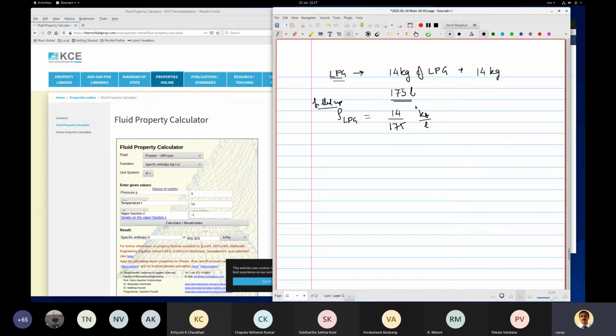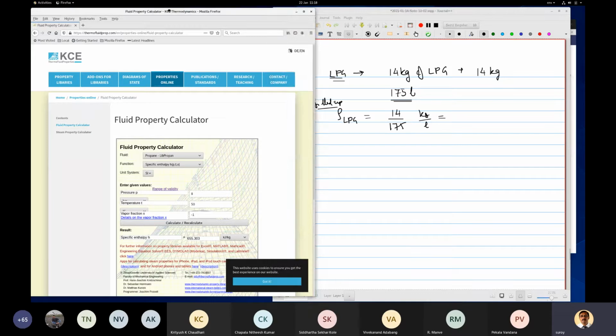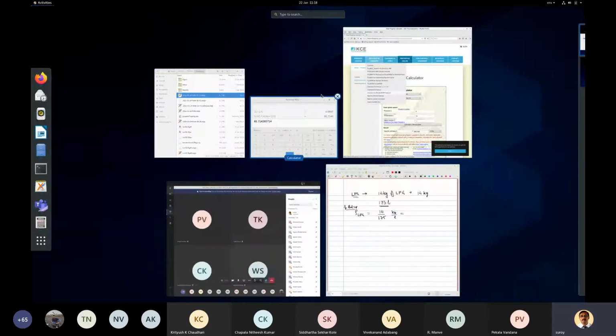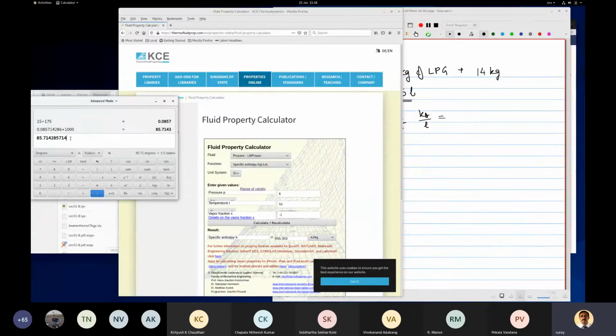That is the density. If I use my calculator here, I've done 14 by 175. So that means 0.08 kgs per liter.